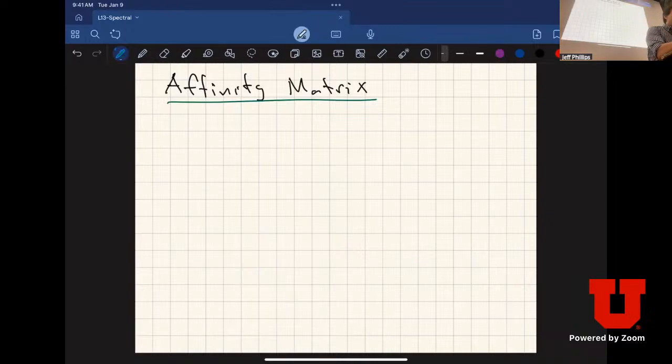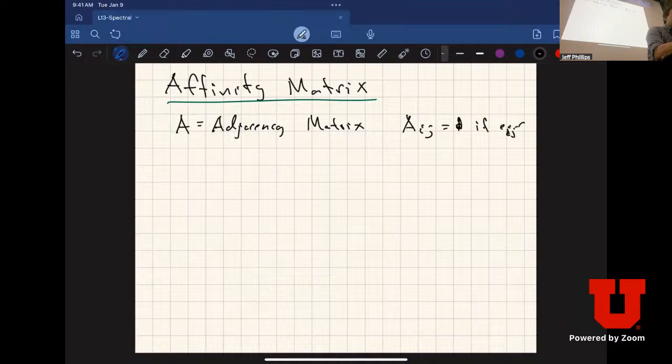So far we've talked about this matrix A, which is this adjacency matrix, which was Aij equals 1 if Eij is in the edge set and 0 otherwise. But this 0, 1 notion, I think, can sometimes be fairly arbitrary.